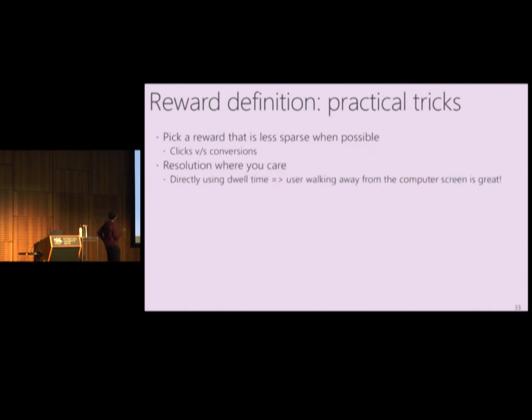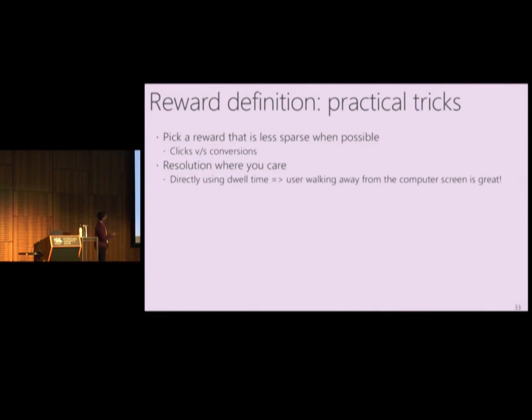The other thing you want to keep in mind is that you might have a nebulous idea of what the reward should look like, but you have to boil it down to a single number. And you want to make sure that the way you translate it to a number is such that you get adequate resolution between good and bad policies that you might design.